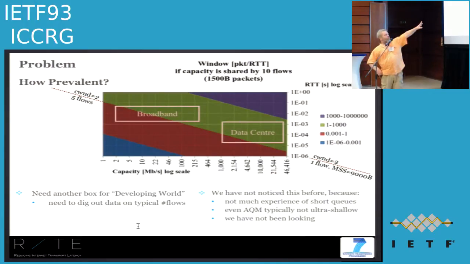So you've got broadband in one square and data center in another. Broadband runs from 2 megabits per second up to 200 meg or so in this case. But actually the upstream of broadband is less than 2 megabits per second. And then on the vertical axis, the RTT, again on a log scale, in seconds from 1 second at the top down to a microsecond at the bottom.